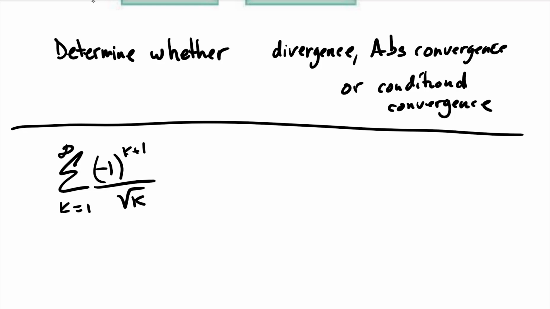So our first game is we're always going to look at the absolute value of our a sub k. So what I meant by that is I just took the -1 out of there and replaced it with a 1. We ignore the negatives. Have we done any work so far where you're dealing with that -1? No. And we won't for a while.